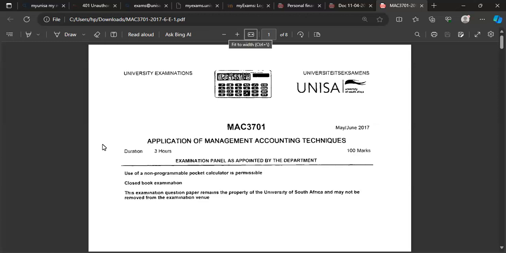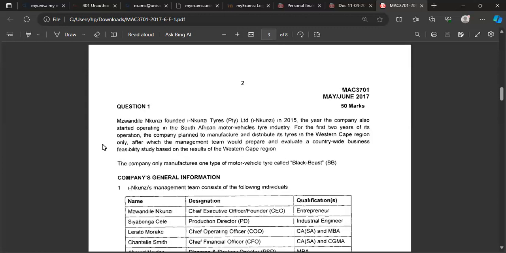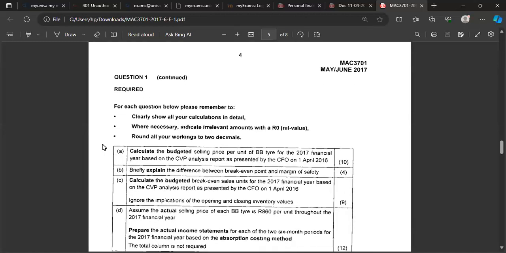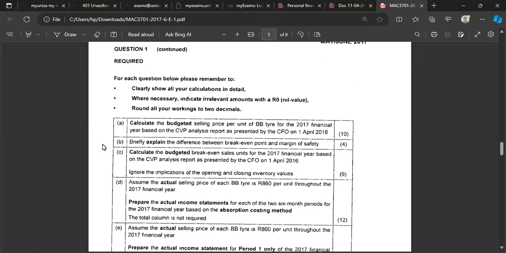Let me flip through to question number 1 so that we don't waste a lot of time. You always want to go to the required section and then see which question you think is easy for you to tackle. Number 1 is: calculate the budgeted selling price per unit of BP tire for the 2017 financial year based on the CVP analysis report as presented by the CFO on the 1st of April 2016.